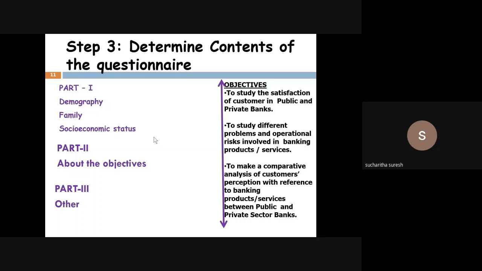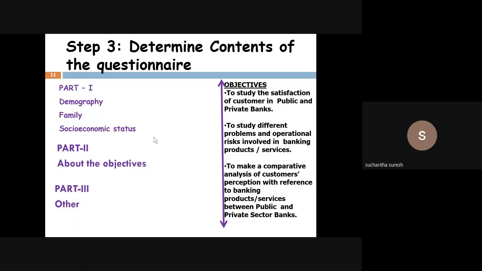All right. These are the parts I mentioned. There is one part 0 also, which I missed here. That is the first part. In your questionnaire, the first part should be where you give some introduction of yourself and the study, and you give the declaration that you are not going to disclose the data they have given, it will be kept confidential, and you sign.